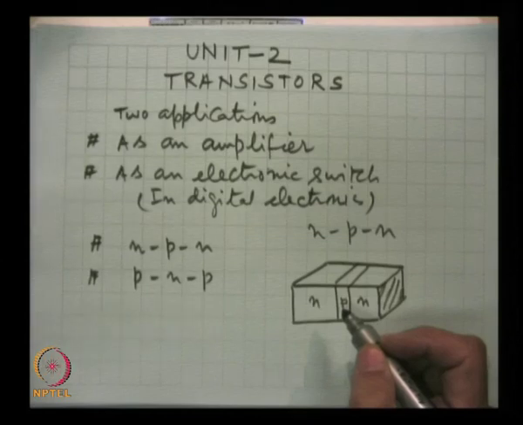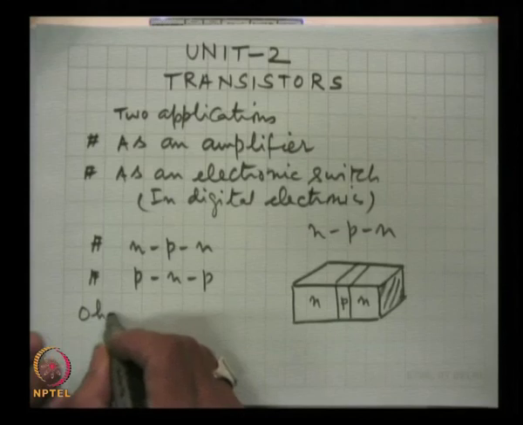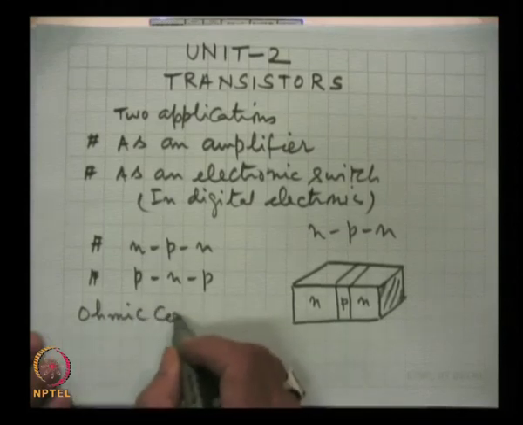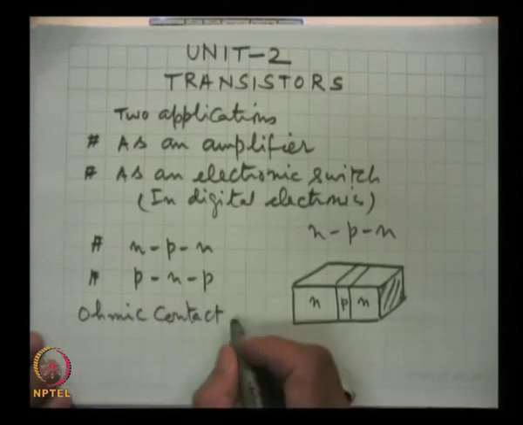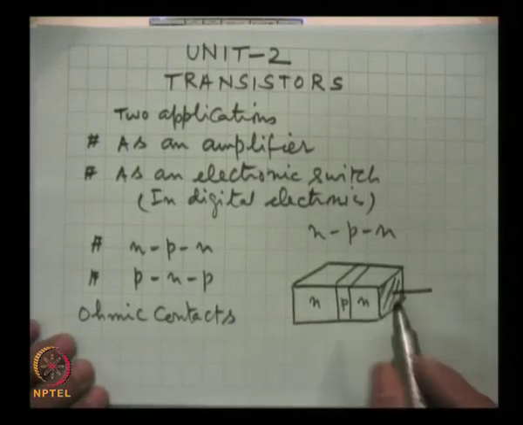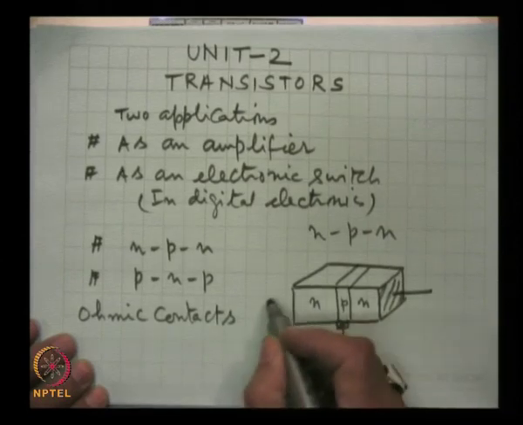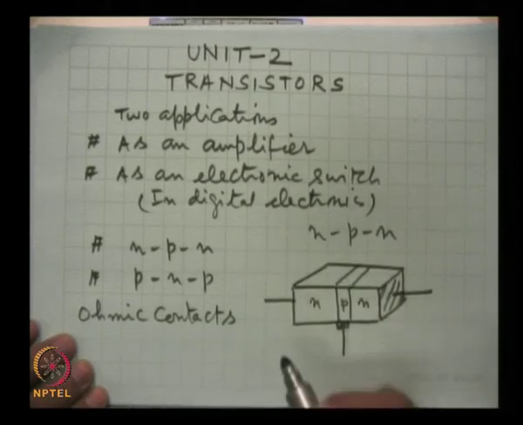Ohmic contacts are the ones in which if we change the direction of the battery, the behavior remains the same, unchanged behavior for changed polarity. So, these are ohmic contacts, one here and the other here on this surface.